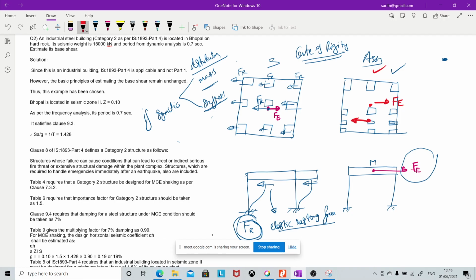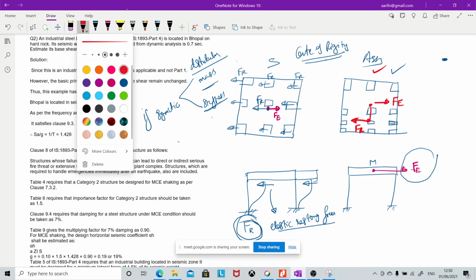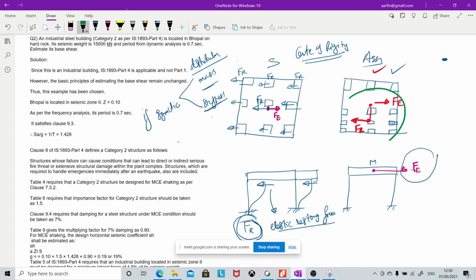Yes. So center of rigidity will come here. These two are equal and opposite if we want to require equilibrium. Two equal and opposite forces separated by a distance, what will happen? Exactly. The building is now going to twist.